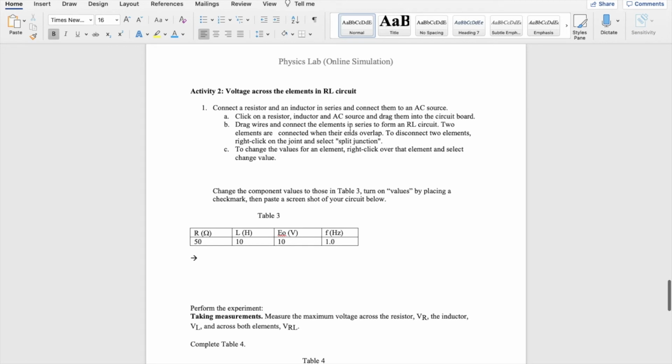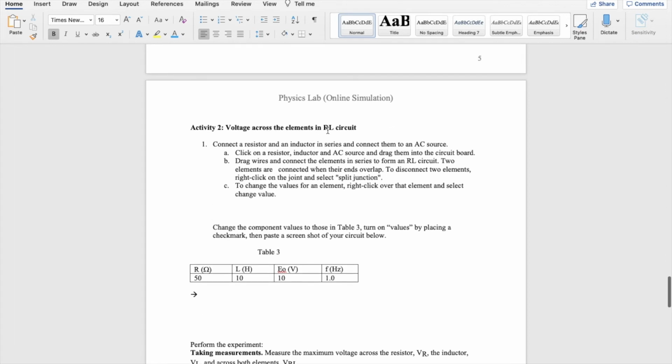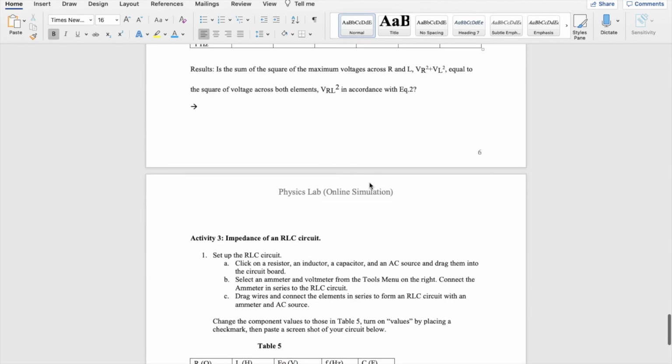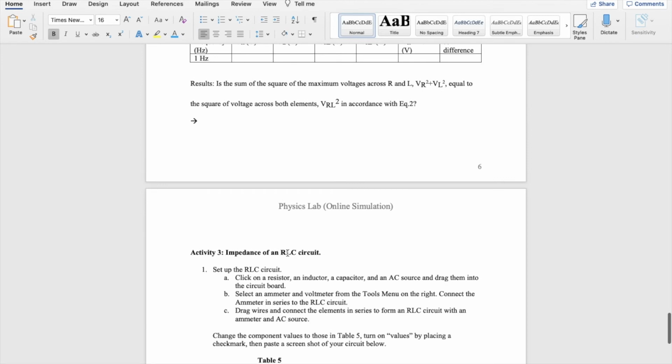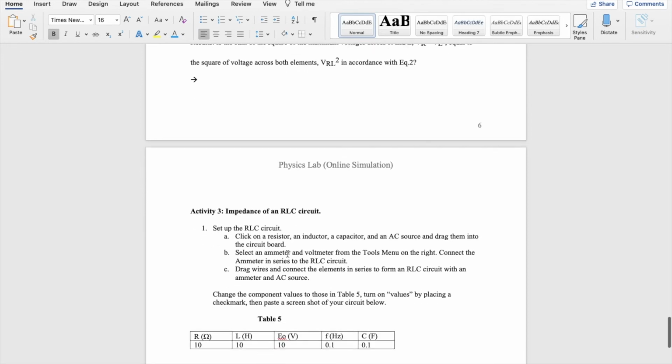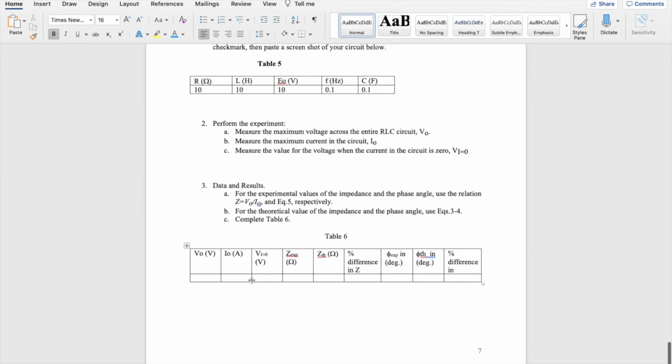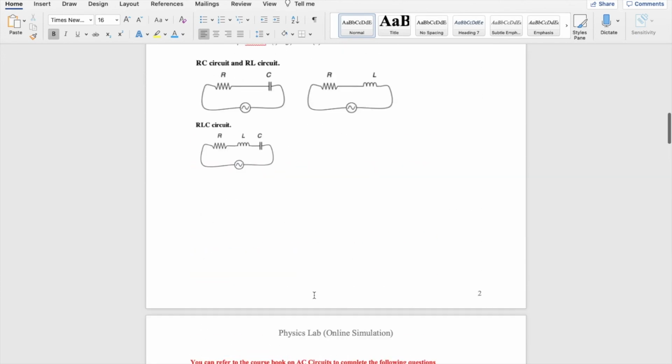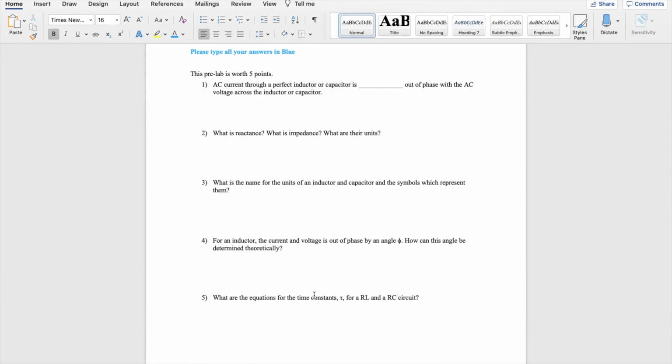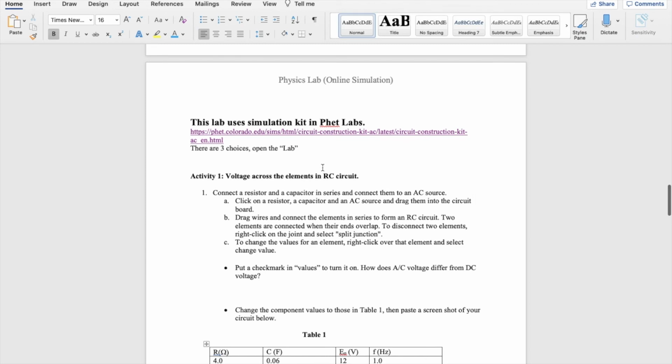In the second one, we'll build a circuit with a resistor and inductor in it, and finally we'll build one with all three elements, and check out how, and calculate the current, the voltage across its elements, and calculate the impedance, the theoretical and the experimental values.